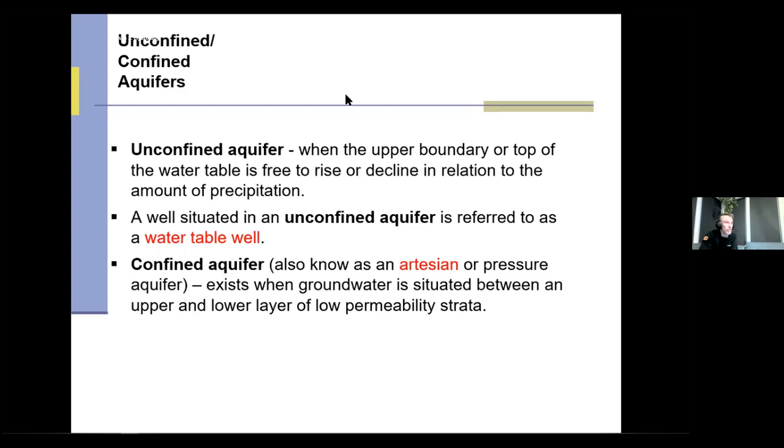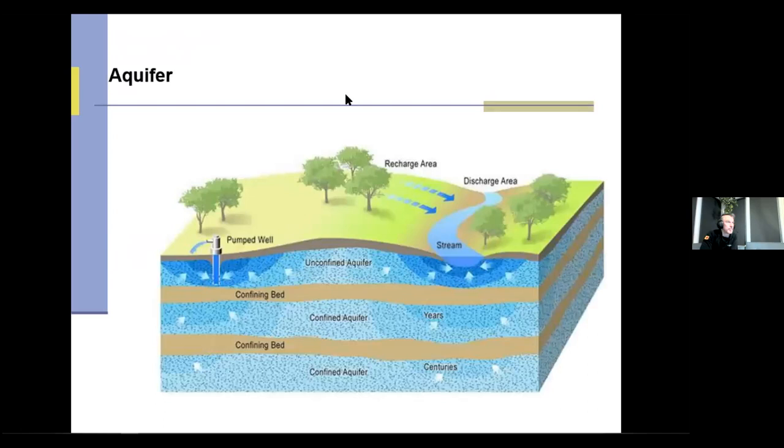When we go back to our other photo here, if this particular pumped well was down here in the confined aquifer, this is under pressure. So every time water enters, water's got to move somewhere. Sometimes it will move up here all by itself because there's so much pressure in this layer. And that's great because you don't need a pump.